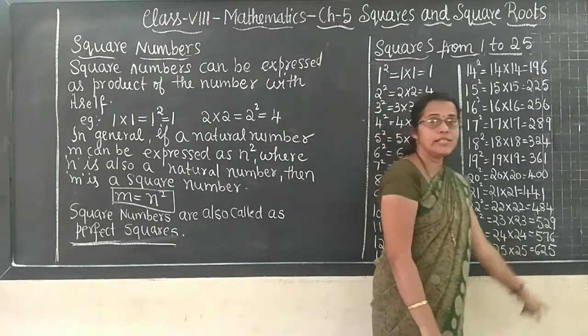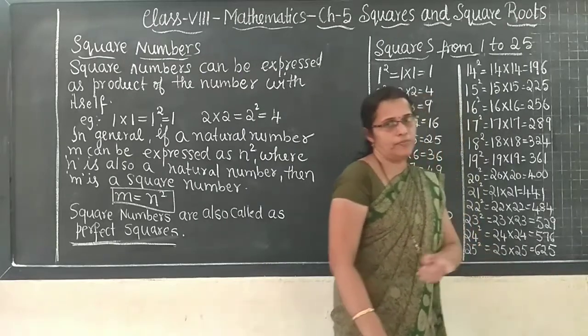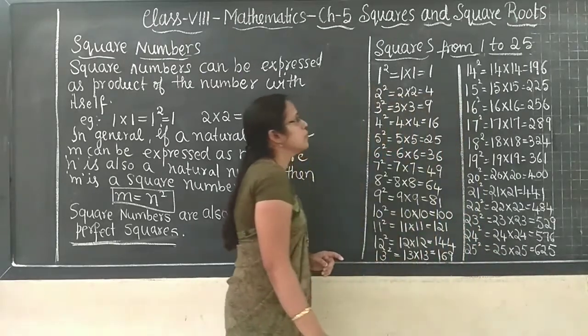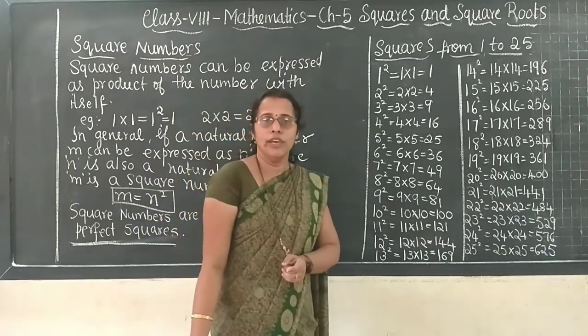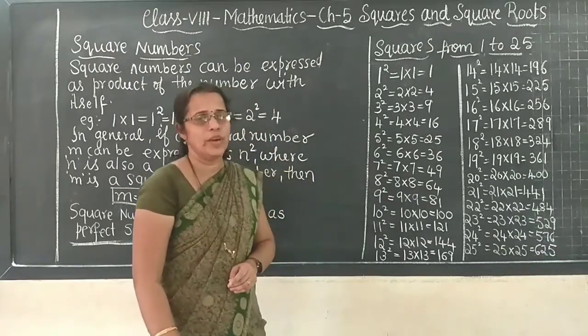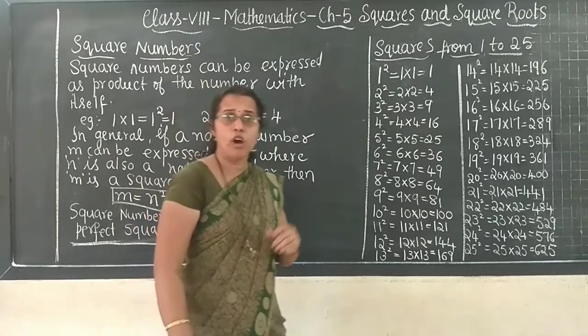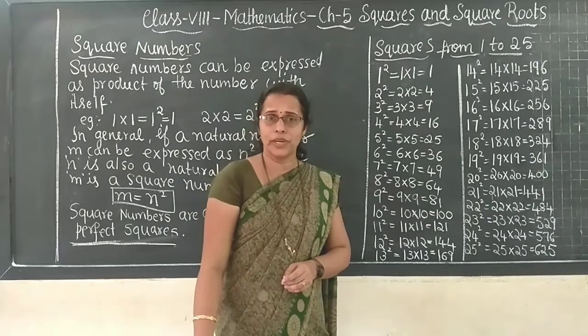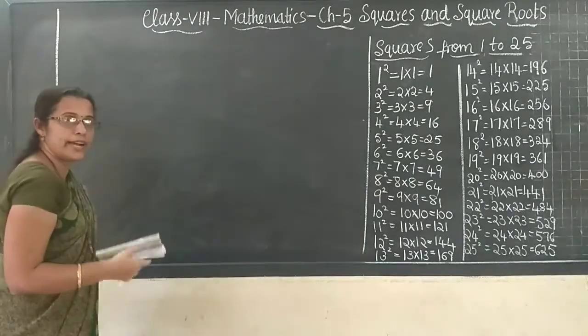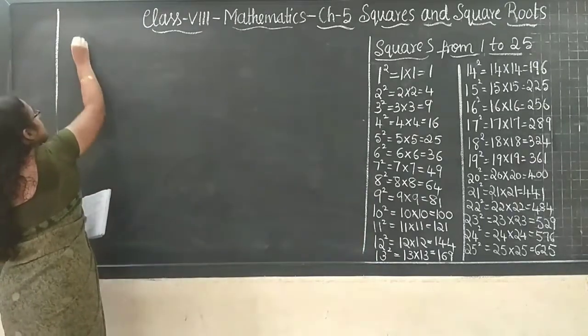25 25s are 625. Okay, these are the square numbers from 1 to 25. If you know all this by heart, we can understand the properties very easily, children. And also we can do the exercise problems. So let us start the properties now. Write the properties of square numbers.